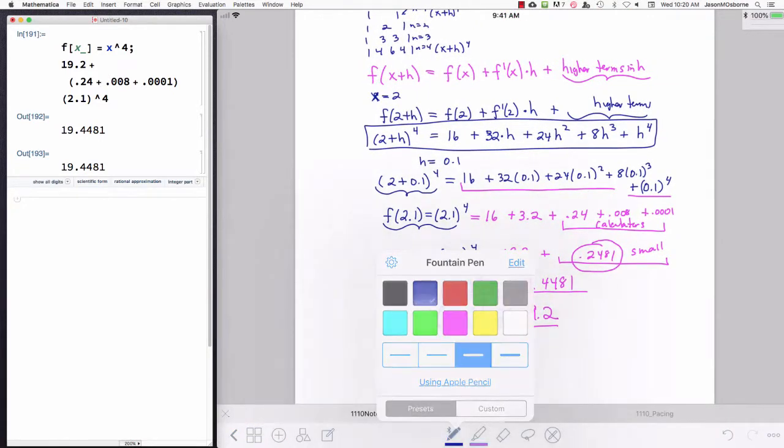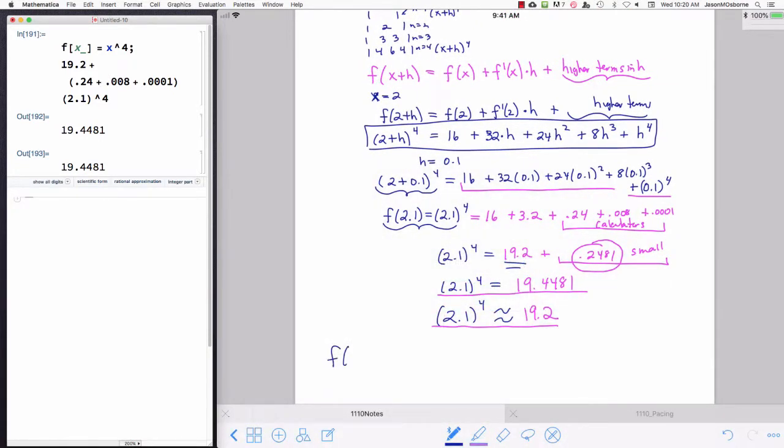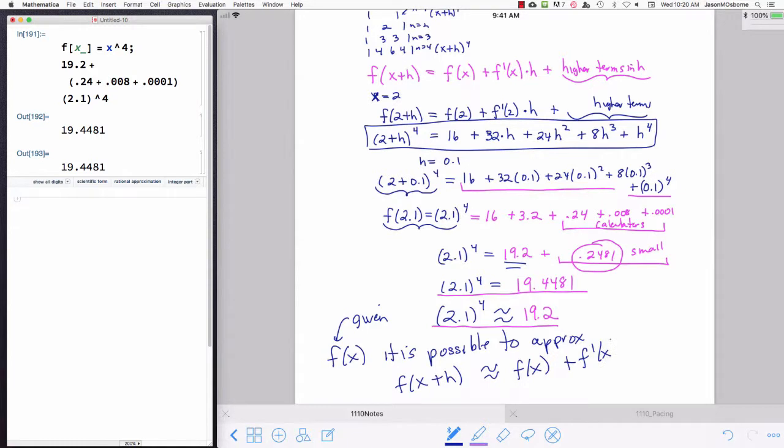We're going to say that if a function f of x is given to you, it is possible to approximate the function f of x plus h by just writing the function evaluated at x plus the derivative at x multiplied by h.